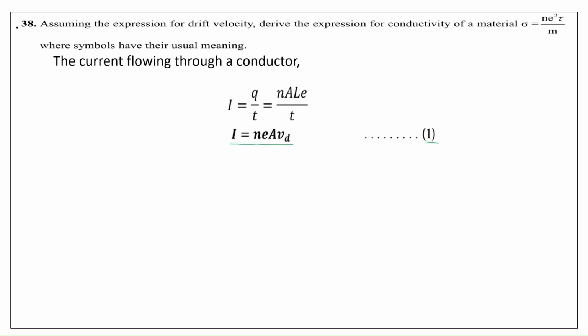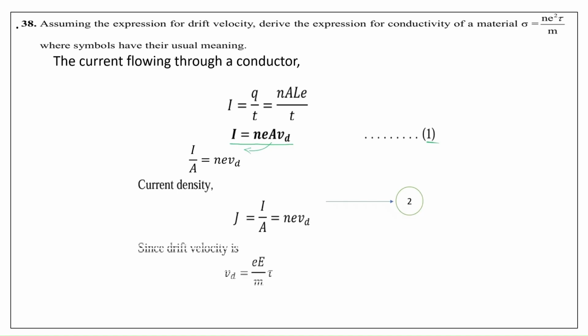Mark as equation 1. Take A to this side. That is, I by A is equal to neVd. But I by A is equal to J, that is current density. Therefore, we can write J is equal to neVd. Mark as equation 2. But drift velocity Vd is equal to eE by m into tau. Now substitute in 2.